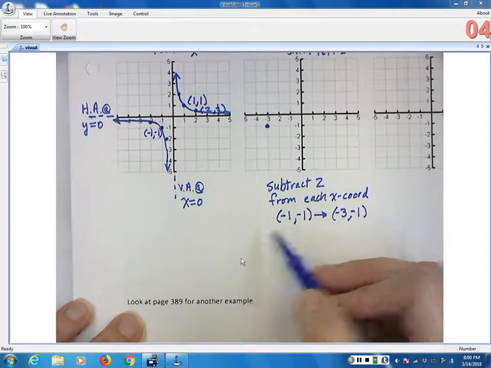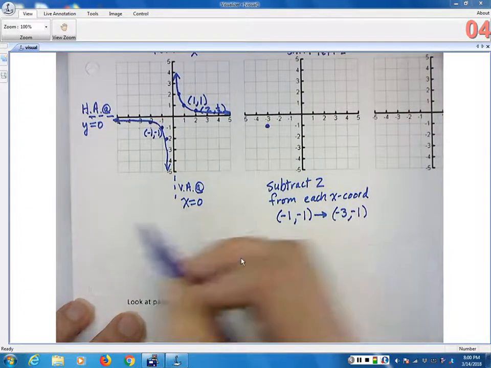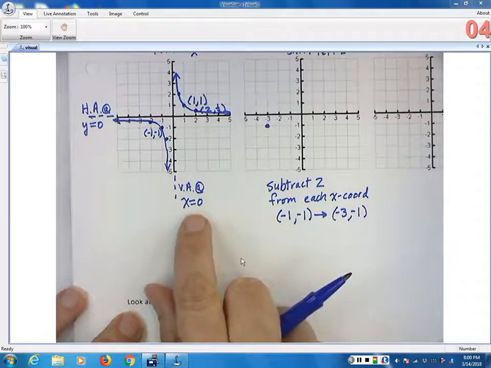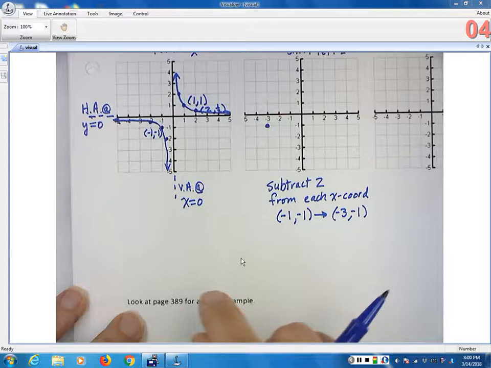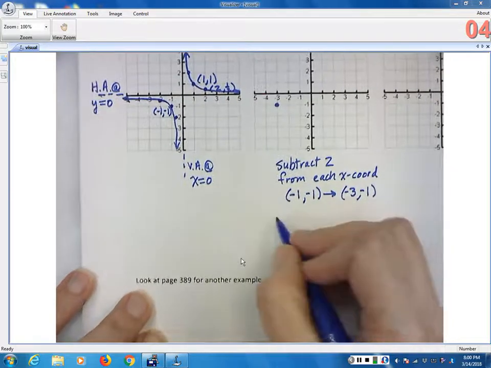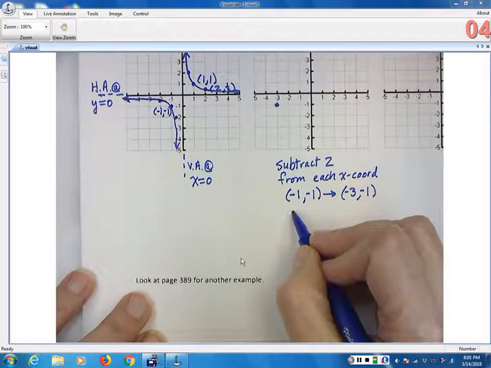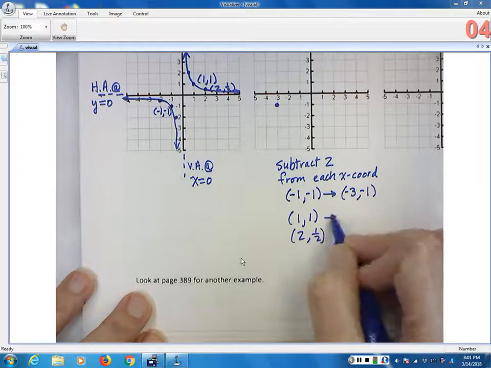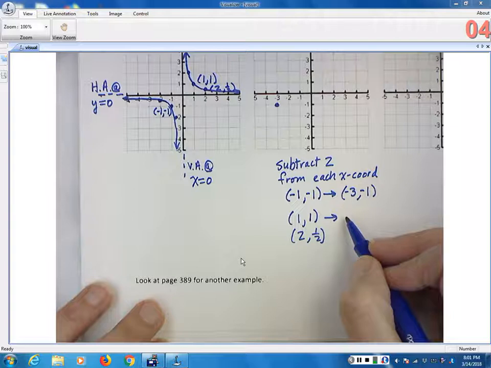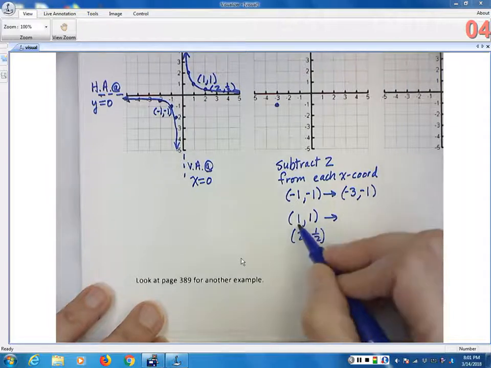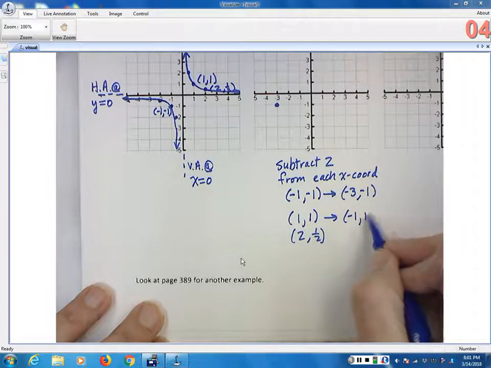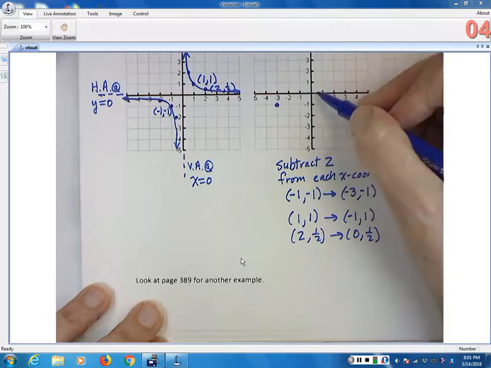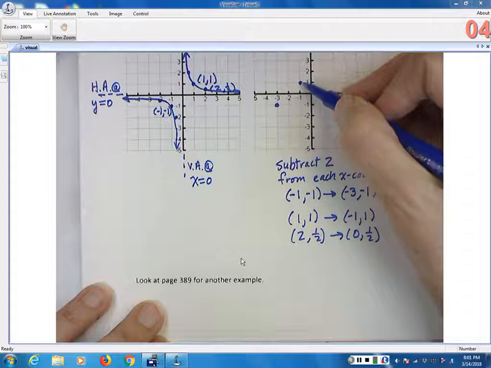What happens to the vertical asymptote as you shift left 2? We subtract 2 from x equals 0, the vertical asymptote. If you want to see the points, we subtract 2, you get -1, 1, and 0, 1/2.